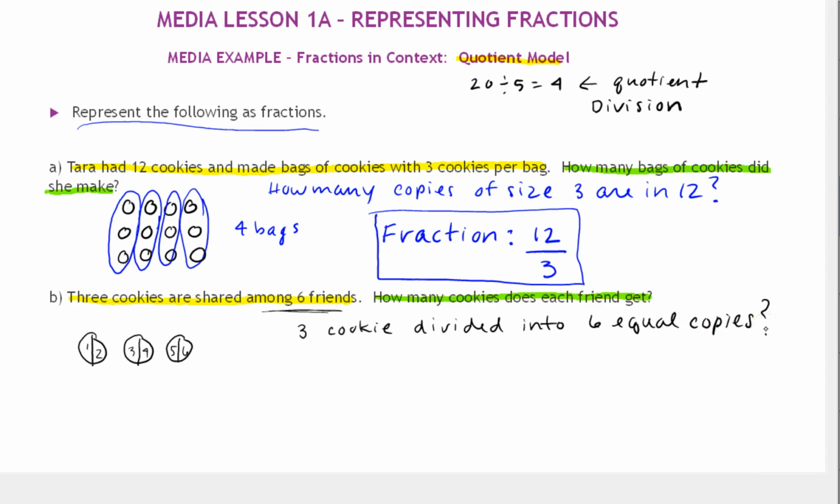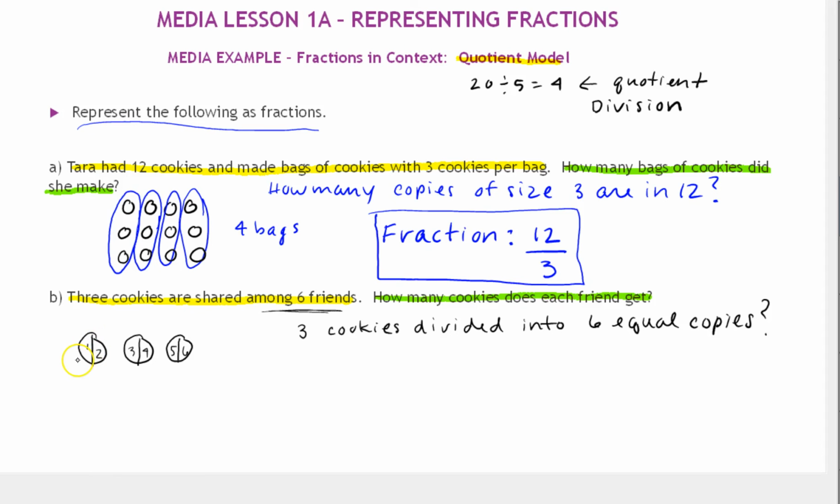So here, the 3 is like the 12. We know the number of copies, but we don't know the size. Here we knew that there was 3 in each group. Here we're looking for the size in each group.